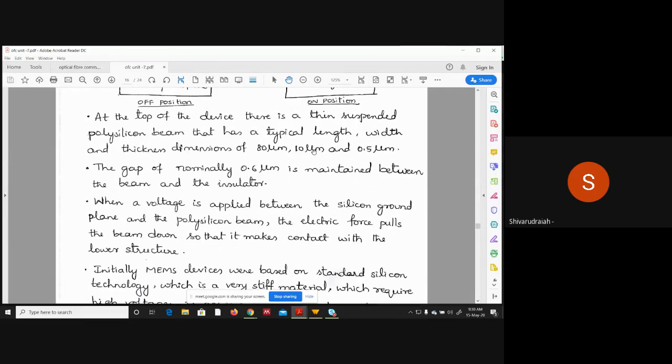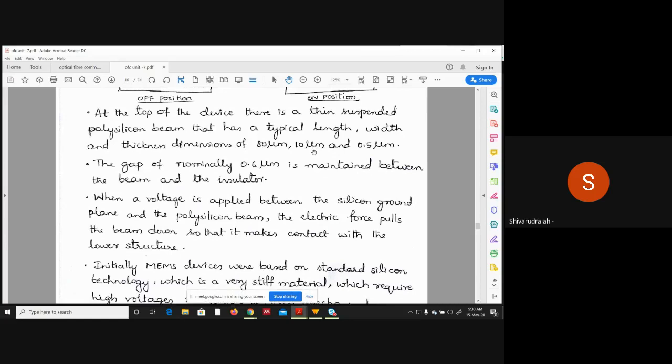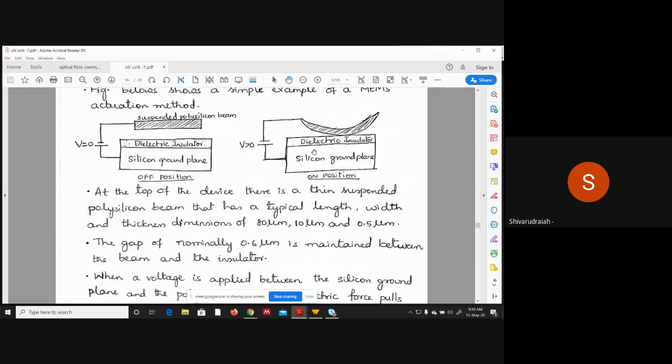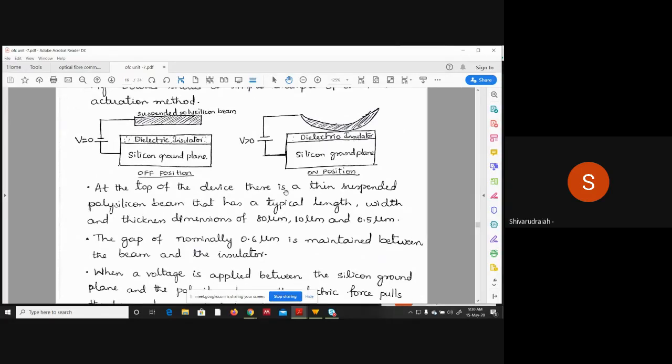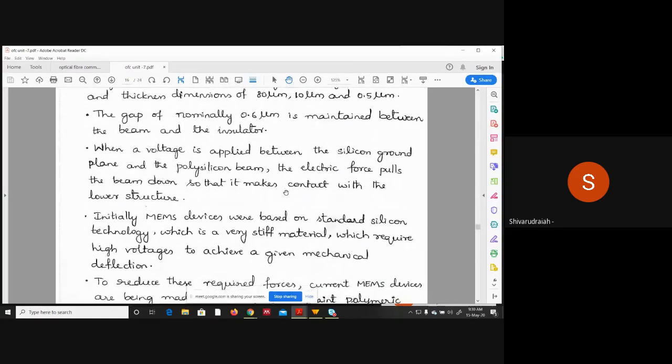It undergoes these mechanical changes temporarily, and they make the suspended beam contact the dielectric insulator for a temporary time. So this is a simple concept of how MEMS based devices can be constructed. This is a simple switch operation, and the same method can be extended to construct all our optical passive and active devices.